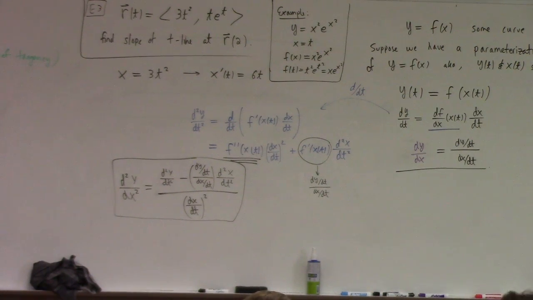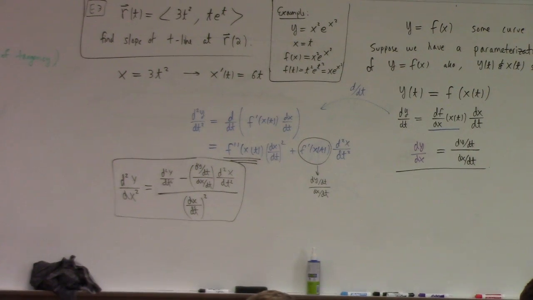You can clean this up. If you multiply the top and the bottom by dx dt, then you get dx dt times d squared y dt squared minus dy dt times d squared x dt squared, all divided by the cube of the time derivative of x, which is the formula you'll find in your book. That's supposed to be d squared y over dt squared.